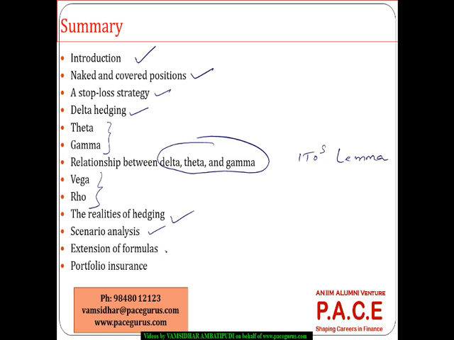And in case we are talking about stocks with underlying dividends, or currency options, how do I adjust the existing formulas for the Greeks to suit the requirements of these kinds of securities? And finally, we talked about what portfolio insurance is, and how I can synthetically create a put option without actually buying it. So that is the intention to cover as a part of this particular session. All right.